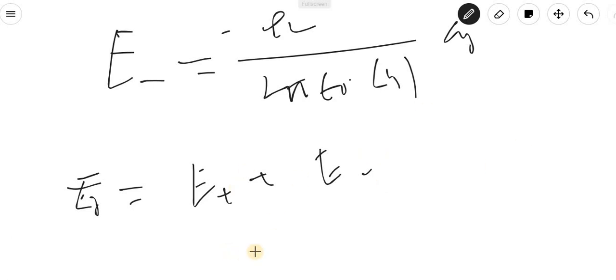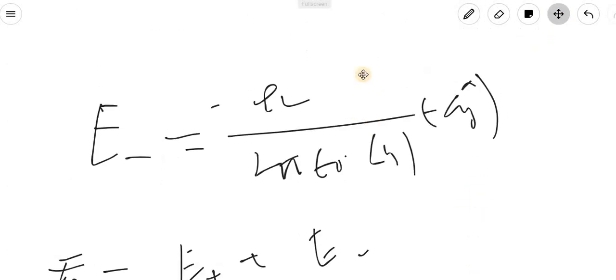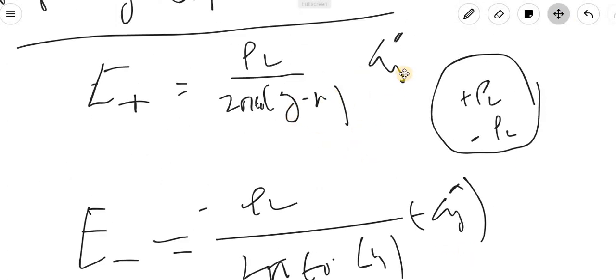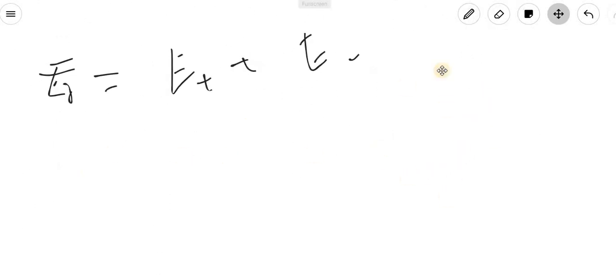So the total attraction force will be in this direction. If that is the y direction, this will be the minus z direction. So what will be the resultant?